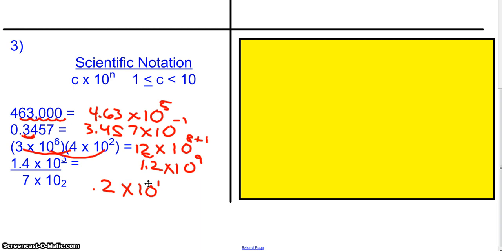Actually, this first number, 0.2, is not a number between 1 and 10. So we'll give it a place value, and then we'll take 1 away, right? 10 to the 0. Isn't that weird looking? What is 10 to the 0? It's just 1, and then 2 times 1 is 2.